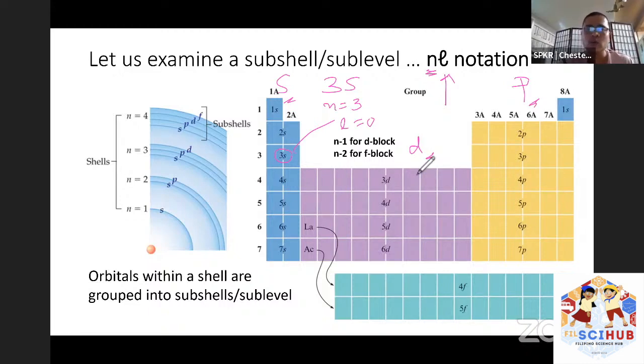L is 2, nasa D block ka. So that is how to explain the subshells or the sublevels using the periodic table of elements. Again, the period will tell you the energy level, and the blocks will tell you the subshells.